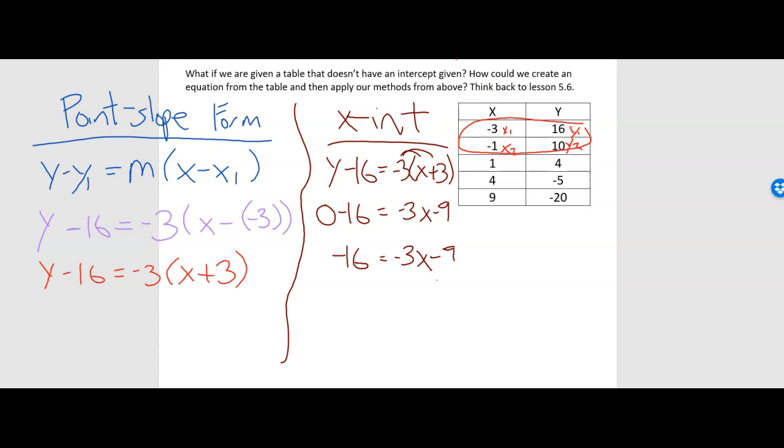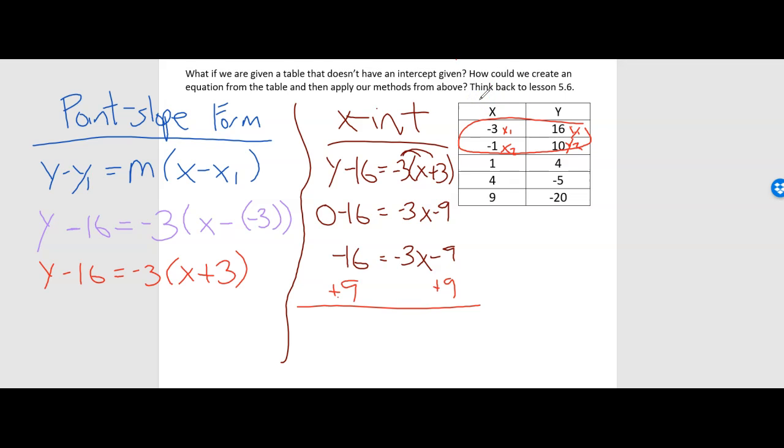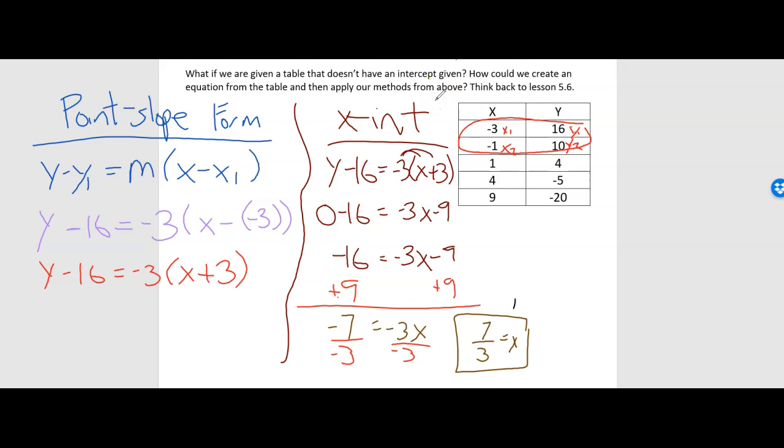Add 9 to both sides. That is going to give me negative 7 is equal to negative 3x. And if I divide by negative 3, I'm dividing a negative by a negative, so I get positive 7/3 is equal to x. And the point of the x-intercept would be (7/3, 0).